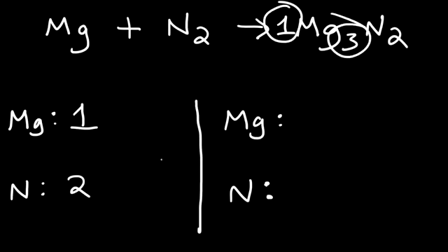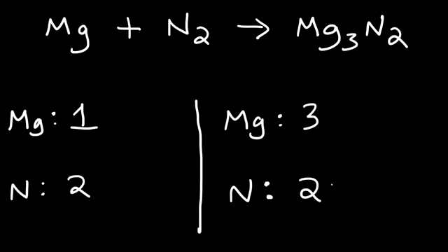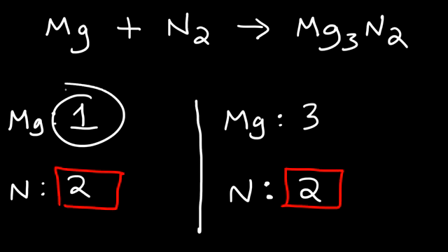So 1 times 3 is 3, which means that we have 3 magnesium atoms and only 2 nitrogen atoms. 1 times 2 is 2. So right now, looking at the left side and the right side, we can see that the number of nitrogen atoms are the same, so we don't have to worry about that. However, the number of magnesium atoms are different.